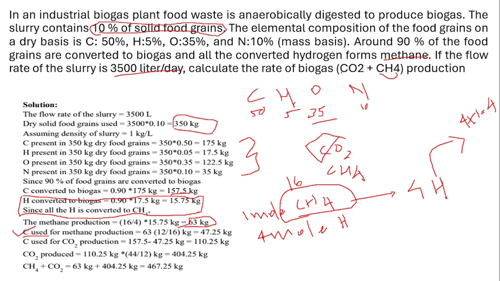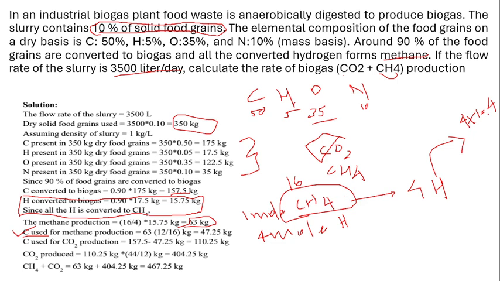Carbon is going to form two types of biogas product: one is carbon dioxide and the other is methane. So first we need to know, out of the 90% converted into biogas, that is 157.5 kg, how much carbon is converted as CO2 and how much carbon is converted as methane. Now with the help of hydrogen, we have found the amount of methane. So in this methane, how much carbon is there, we can easily calculate.